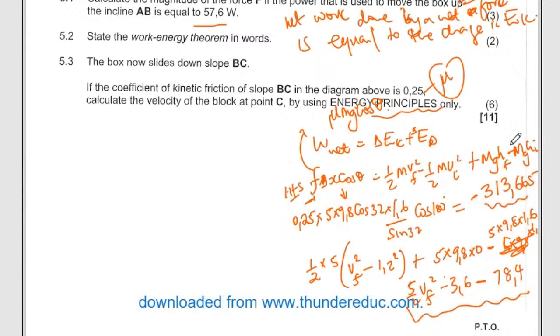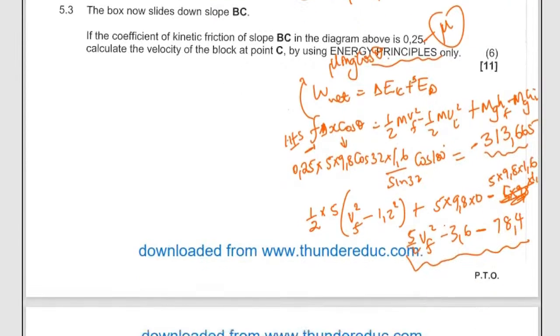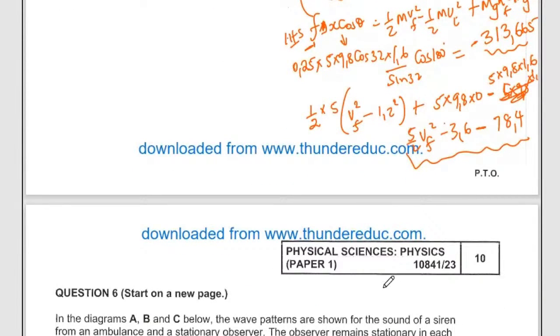So this is what I'm having on my right-hand side, and this is what I'm having on my left-hand side. Now it's time for me to compare the two sides. So 5 over 2 vf squared minus, this is 3.6, I'm getting 82.